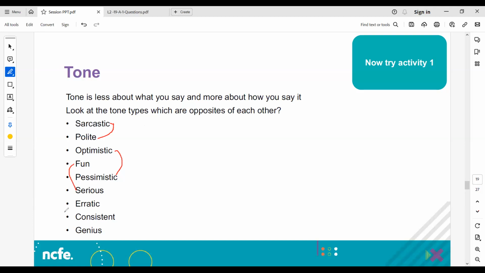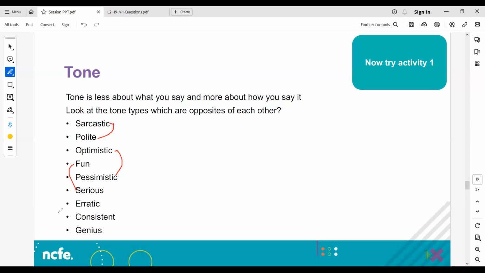And we've got erratic, consistent, and genius left. So which two of those words are opposites? So erratic means that it's all over the place. There's no structure to the text, the ideas, they've not thought it through at all.